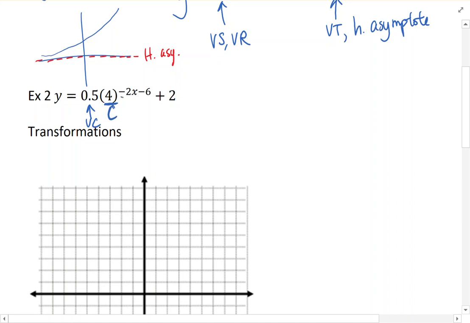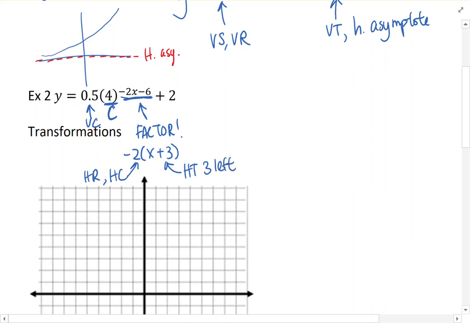Now in here, we need to be very careful. We need to factor. So we actually have negative 2 times x plus 3. So we have a horizontal reflection and a horizontal compression.